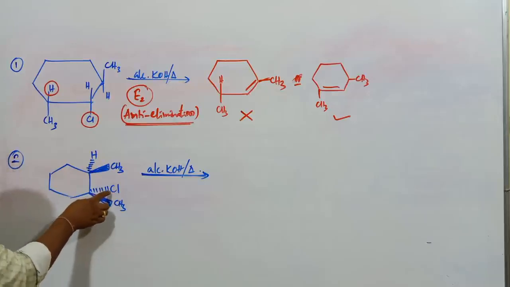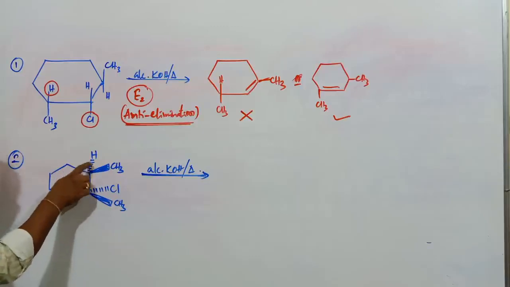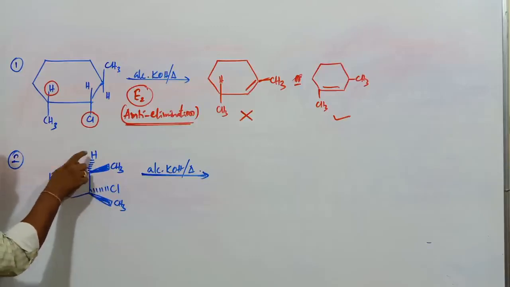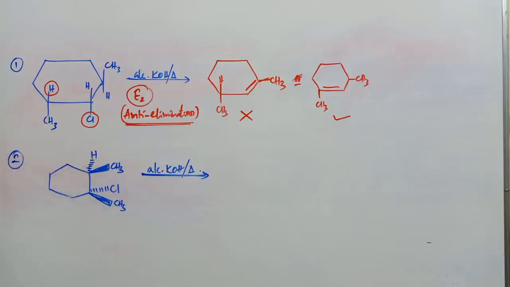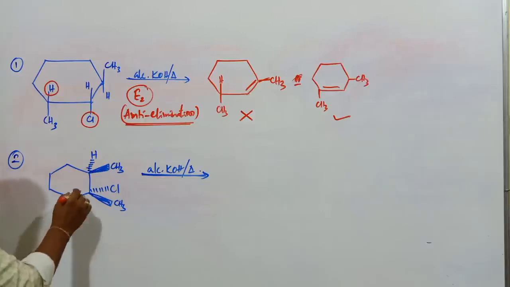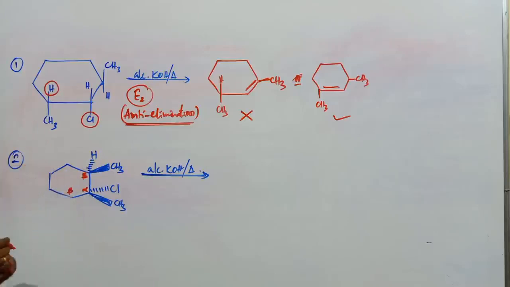If both were on wedge, the chlorine would be eliminated but not this hydrogen atom. When this hydrogen atom is not eliminated, this is the alpha carbon atom. This is a beta carbon atom, and this is also a beta carbon atom.